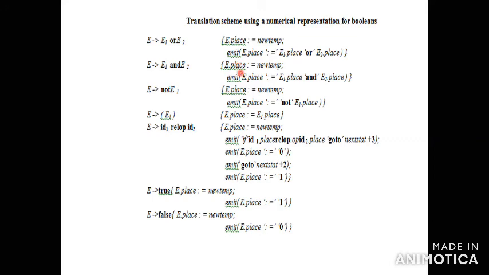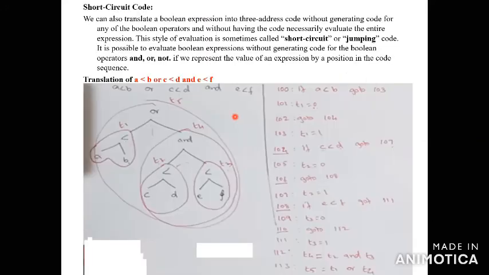Okay, next thing is short circuit code. We can translate a Boolean expression into the 3 address code without generating code for any of the Boolean operators, and without having the code necessarily evaluate the entire expression. In Boolean operations, this style of evaluation is sometimes called short circuit code or jumping code.